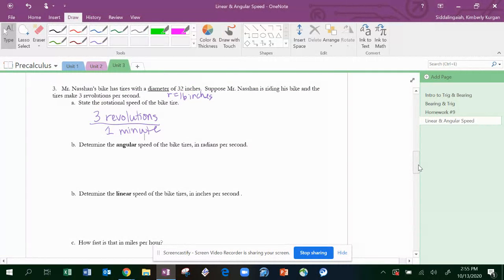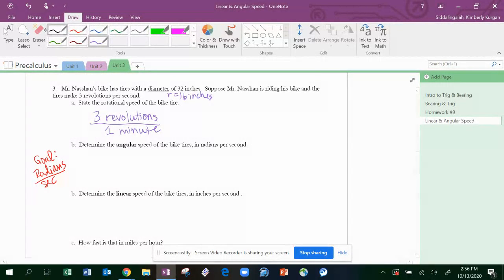Next it says determine the angular speed in radians per second. Okay, so let me write this in a different color. Our goal at the end is to have something in radians per second. Already I see a little bit of trouble because we had minutes.